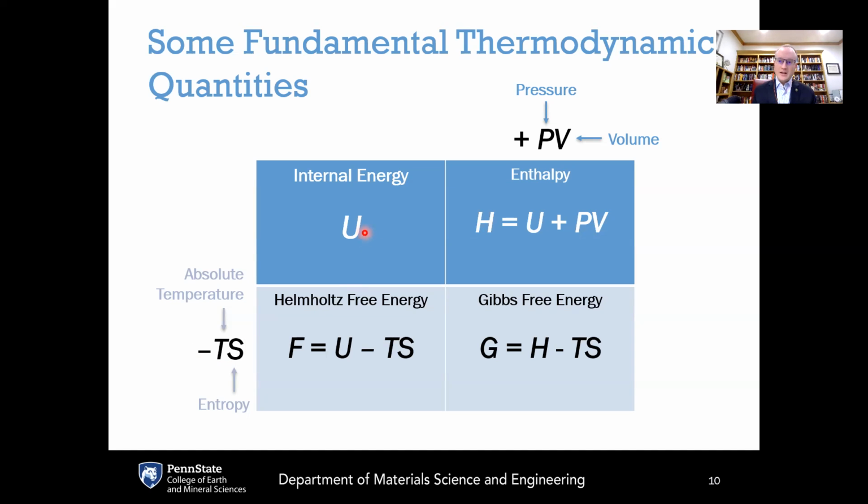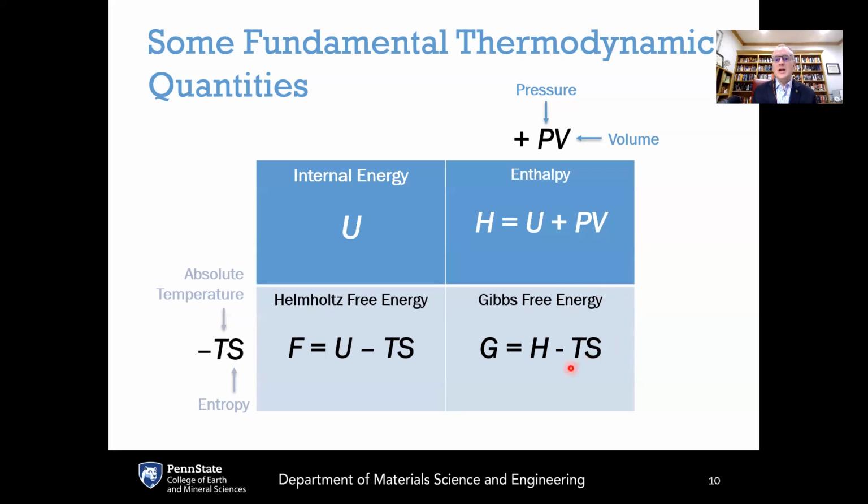Now, if we take the internal energy here, U, and subtract T times S, what we get is the Helmholtz free energy. The Helmholtz free energy is the relevant free energy if we have constant volume conditions instead of constant pressure conditions. Sometimes we work with Helmholtz free energy because either the conditions are appropriate for that or it's more convenient to work with it.